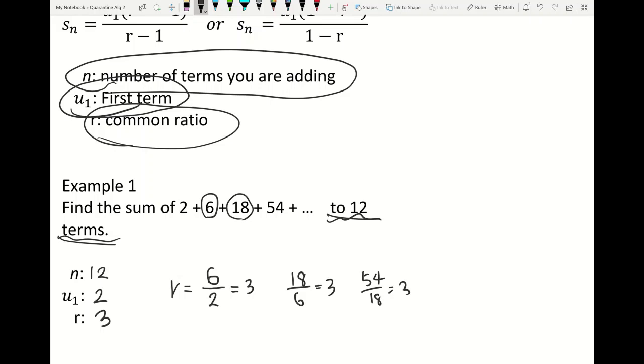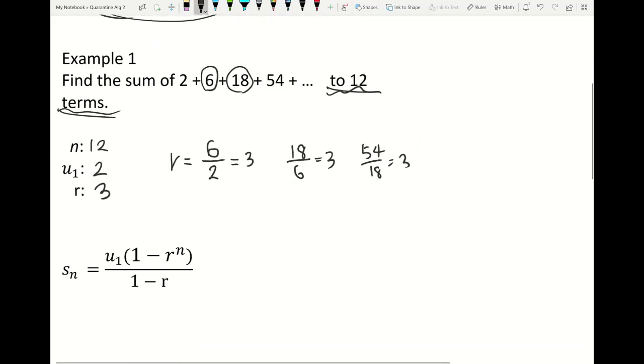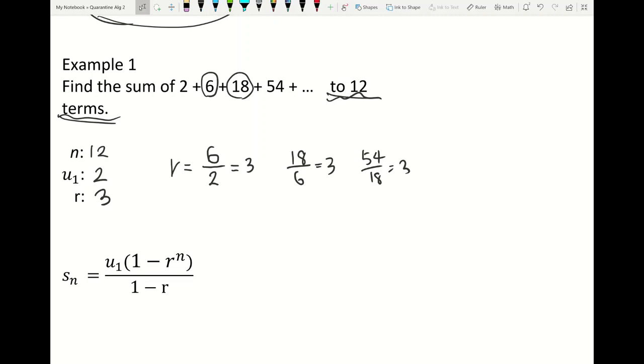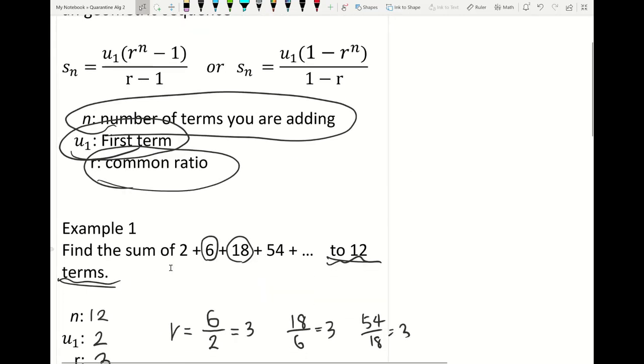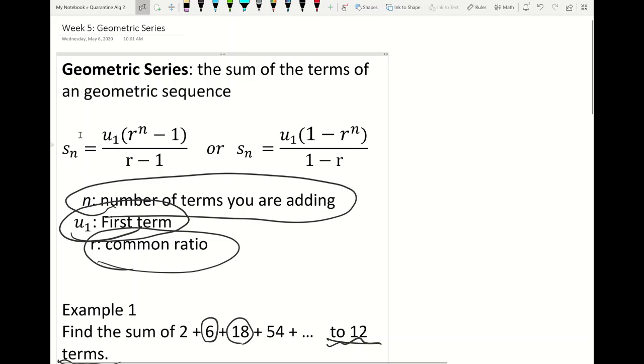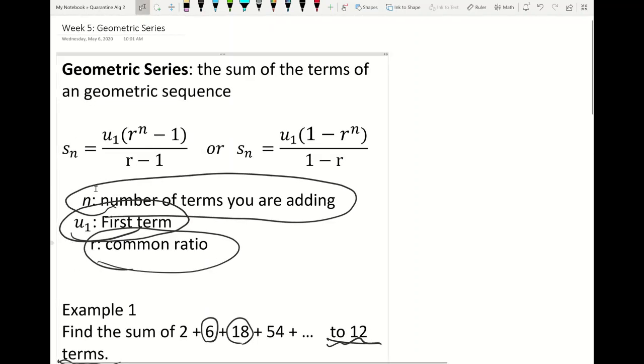Okay, now we are ready to find out the answer. Now, which formula are we going to use? So we've got two formulas to use. Since R is positive 3, in this case, you want to use the first one, because just take a look at it.